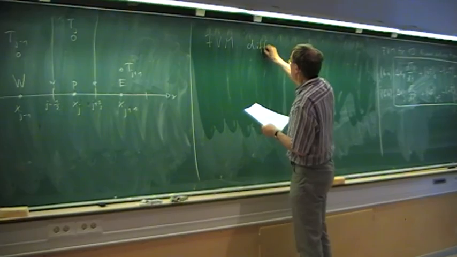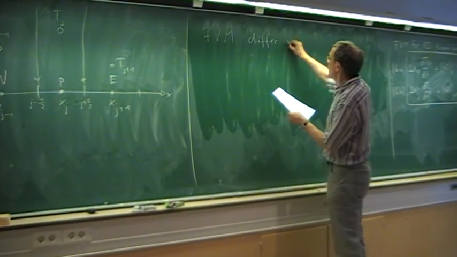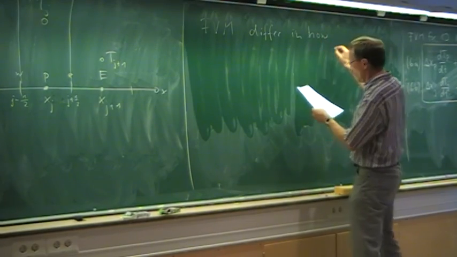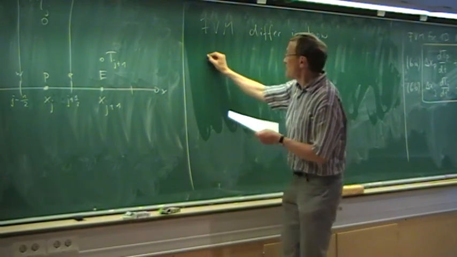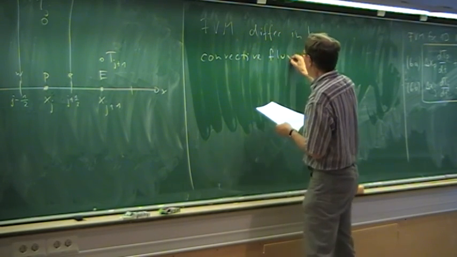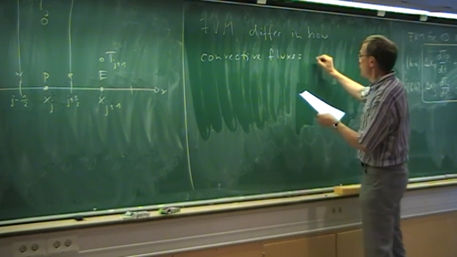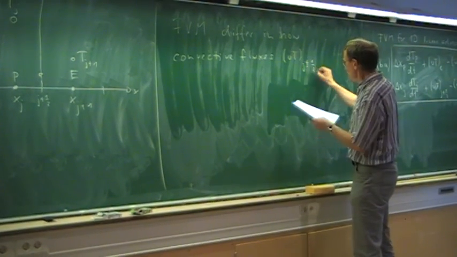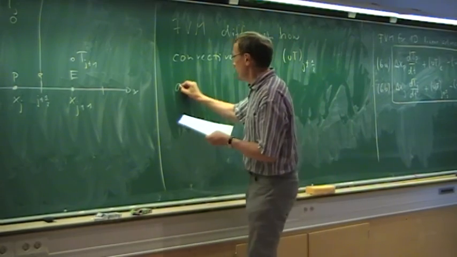So the finite volume methods differ in the way the convective fluxes, that is in our case the index notation Ut at j plus and minus 1/2, are approximated.